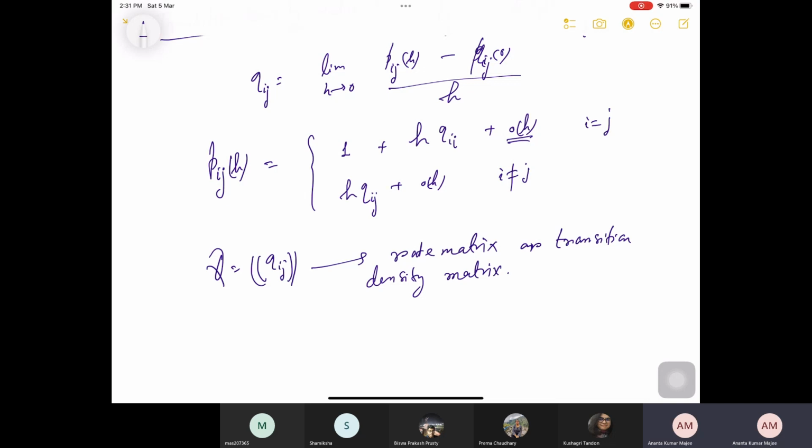Suppose at time point t you are in state i, and you want to jump to state j. At which rate? Qij gives you the rate of jumping.